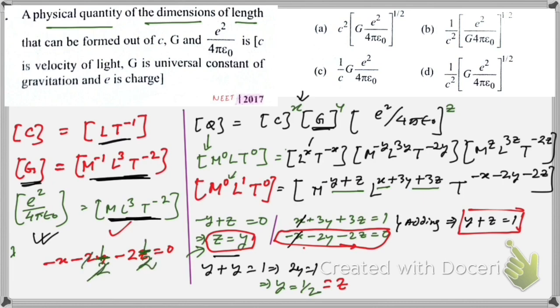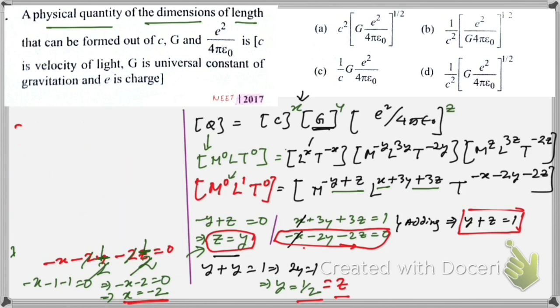So here 2 cancels, 2 cancels, and we have minus x minus 1 equal to 0. That means minus x minus 2... or minus x is equal to plus 2, that means x is equal to minus 2, right? Let me clean this part. Okay, so we have x equal to minus 2, y and z both equal to half. That's what we have got, right?